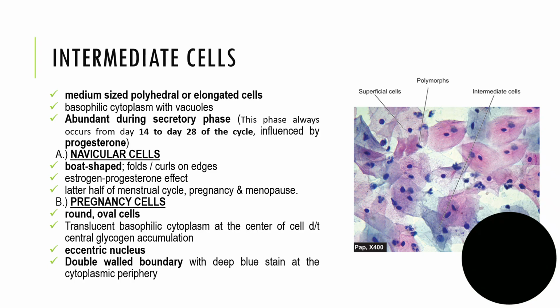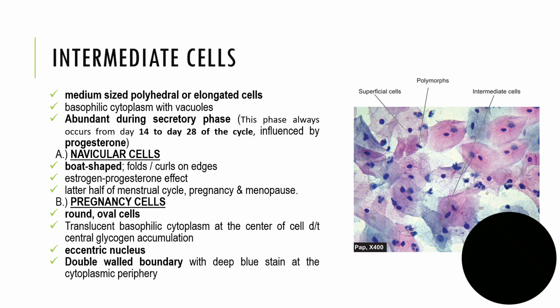Within the intermediate cell category, two special subtypes deserve attention. First, the navicular cells. These are boat-shaped cells with folds or curls on their edges, like the hull of a boat. They appear as a result of combined estrogen-progesterone effect and are characteristically seen during the latter half of the menstrual cycle, during pregnancy and during menopause.